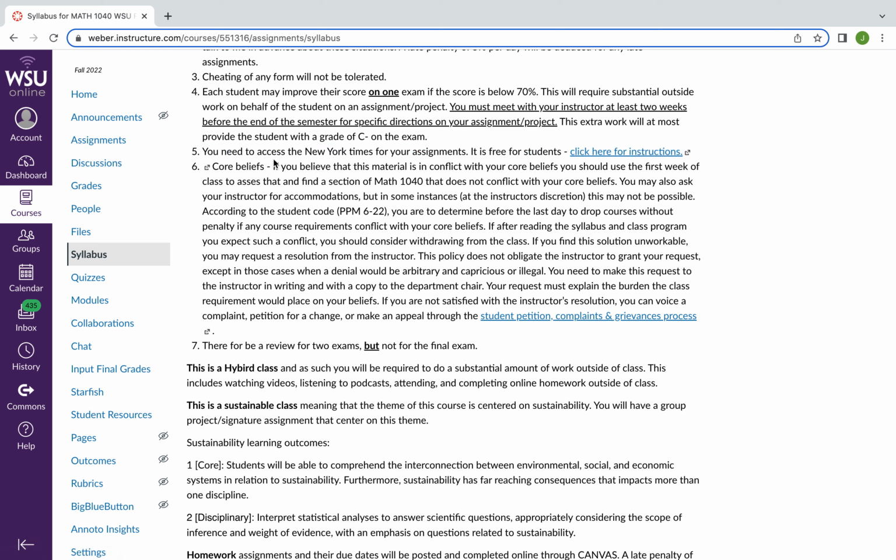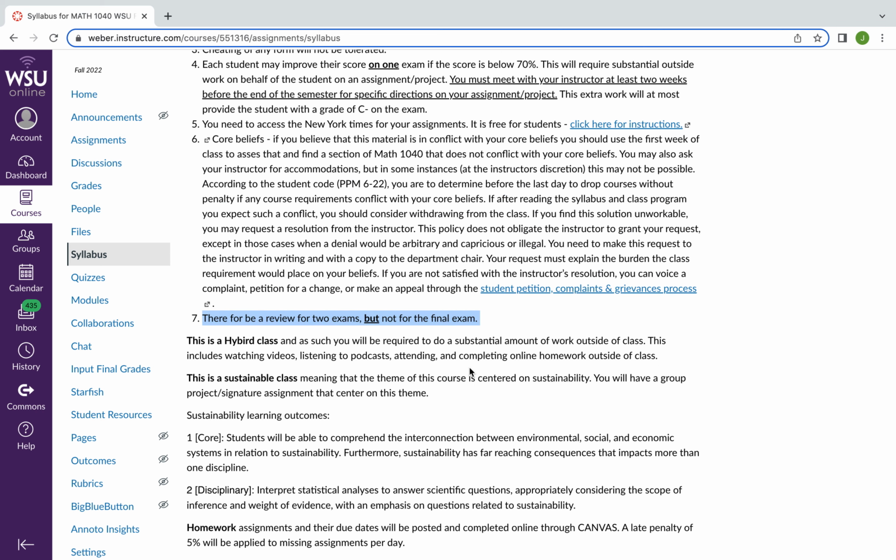Now, it's possible that some material in this course could conflict with a core belief, and if you believe this material is in conflict with your core beliefs, you should use the first week of classes to assess that and find a section of Math 1040 that does not conflict with your core beliefs. Okay. I will also reiterate, if you believe that you have an issue with core beliefs, that you read this statement here that was issued by the university. Okay.